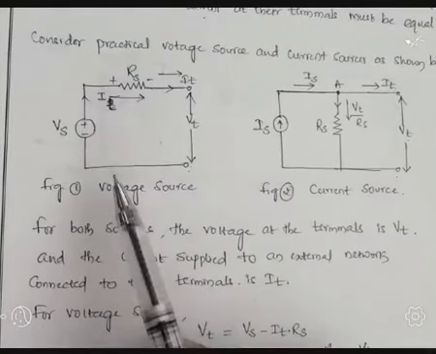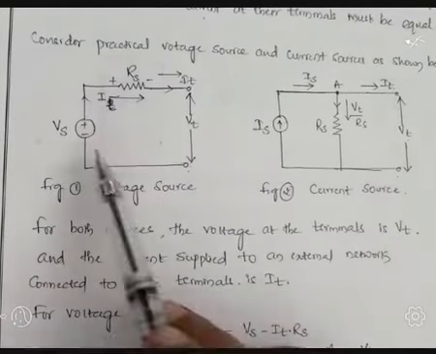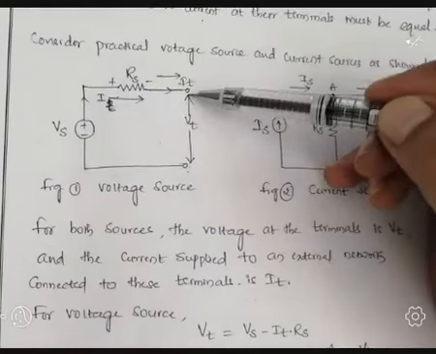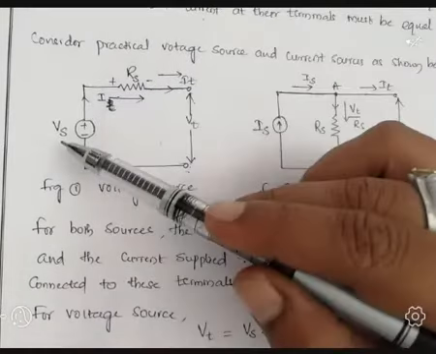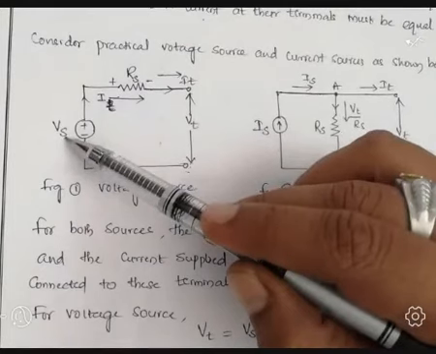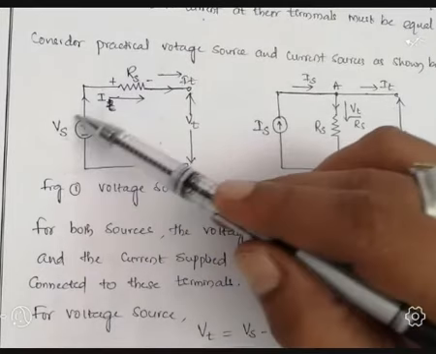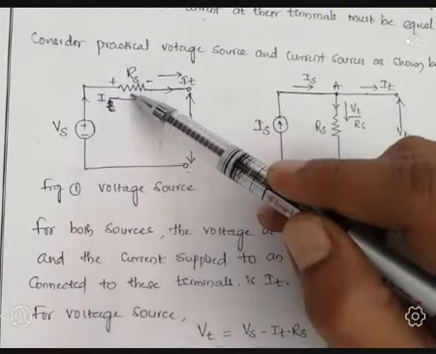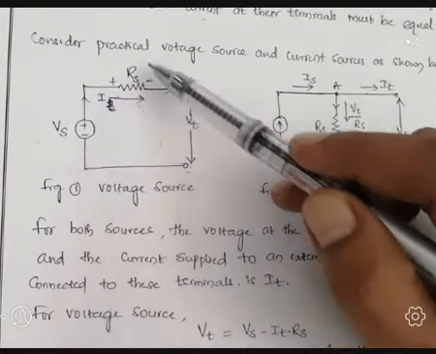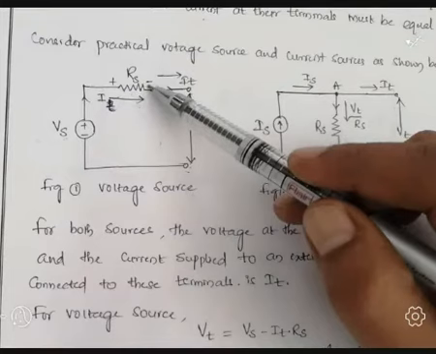First, I will consider the voltage source network. How much voltage is present across this terminal? Vs stands for supply voltage. We are giving this supply voltage to the network, and to it we connected one resistor in series. Because of this, there is a drop in the voltage.